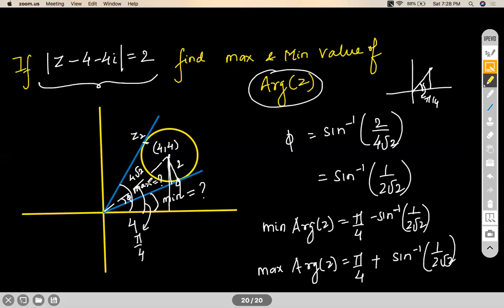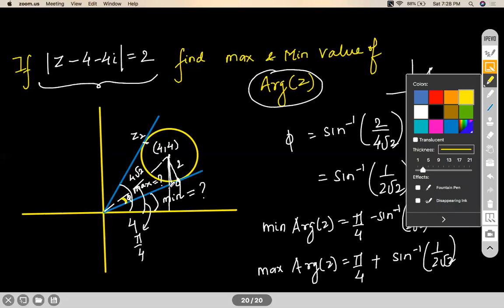So if this is 45 degrees and this is sine inverse 1 by 2 root 2, just subtract it. Just subtract this angle from this angle, that will give you the minimum angle. Let me show it with yellow. Okay. Is this fine? Any questions, any concerns?